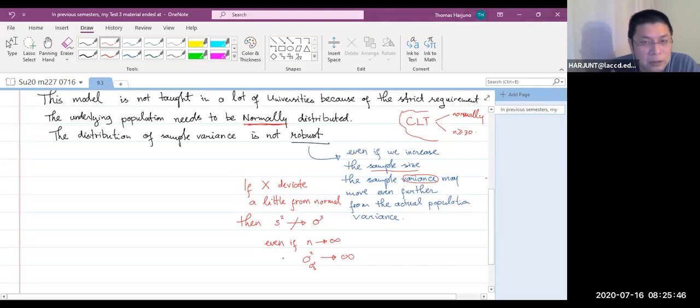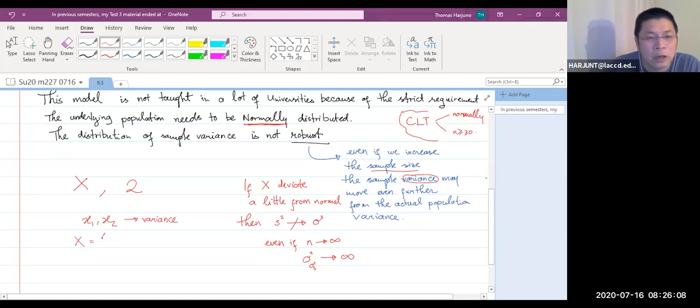So let's say you have X, and then you take samples of size 2. So you have X1 and X2. Then you look at the variance.